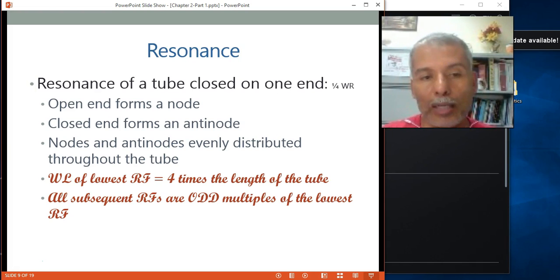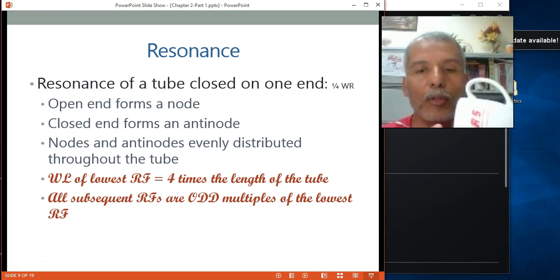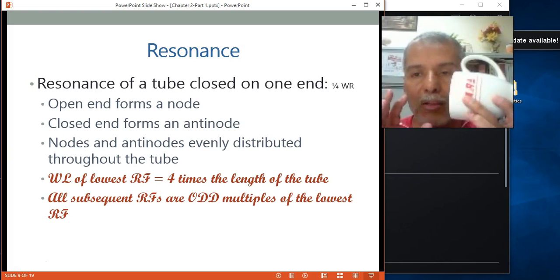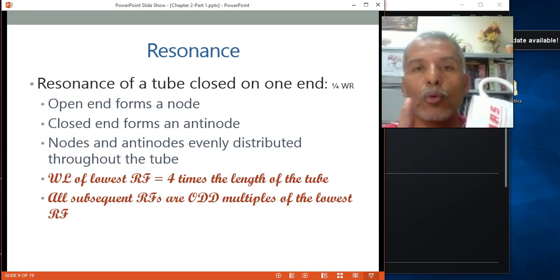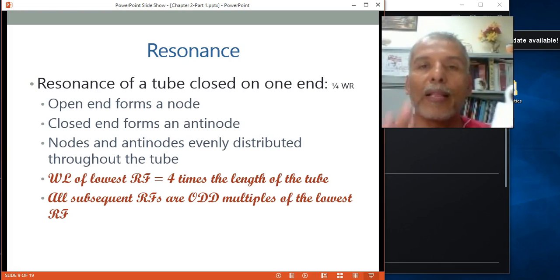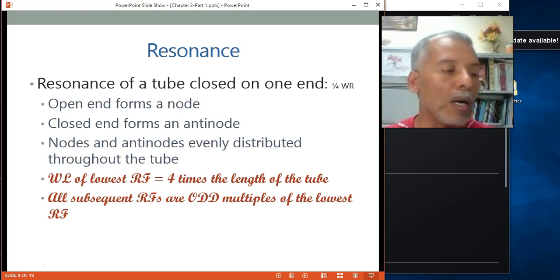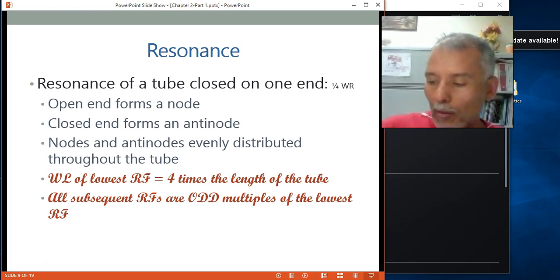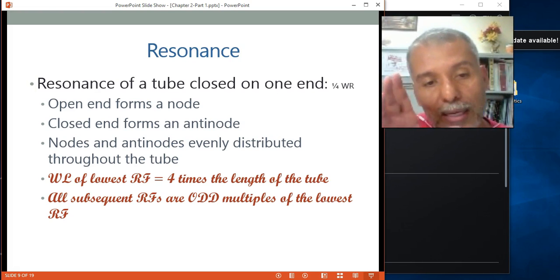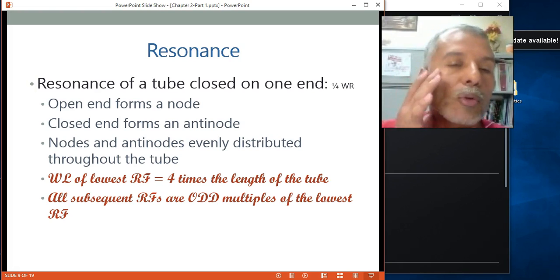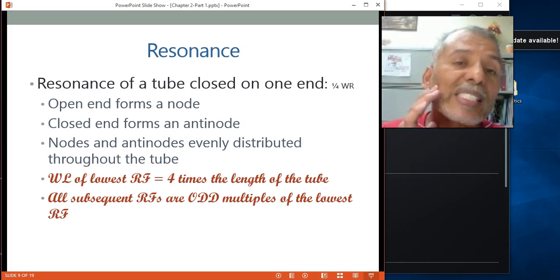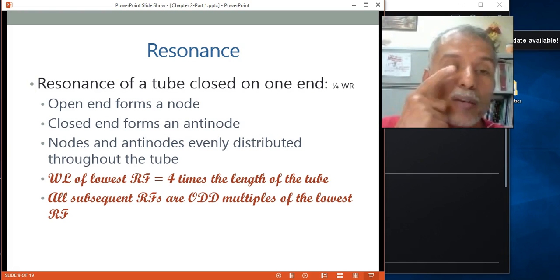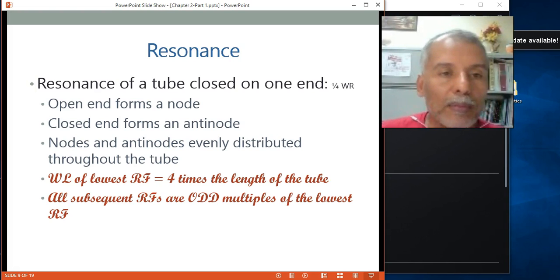Again, we'll do some examples like these, but the idea is, because 1/4 of the wave will fit the first time, if you know the length of the tube, you know how long 1/4 of the wave is, and then you can multiply by 4 to calculate the length of the wave. And if you get the length of the wave, you will be able to calculate the resonant frequency of the vocal tract itself.